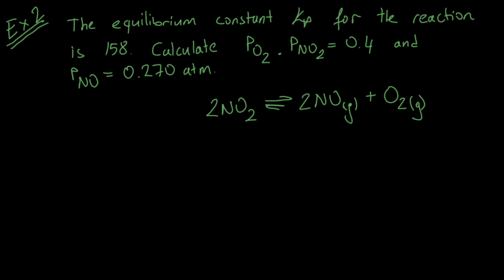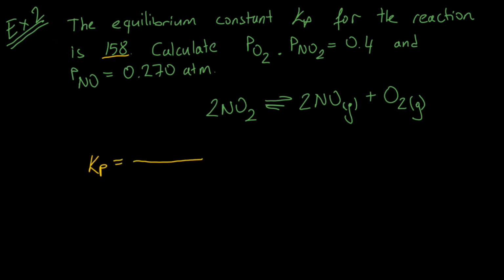In the second example, the equilibrium constant Kp for the reaction is 158, and calculate the PO2. The PNO2 pressure is 0.4 and the PNO pressure is 0.270 atm. And we have to calculate the numbers, but first I want to write the Kp.